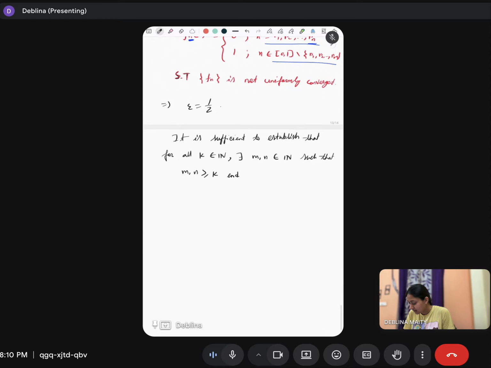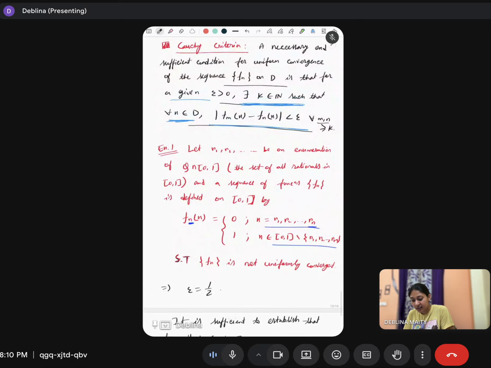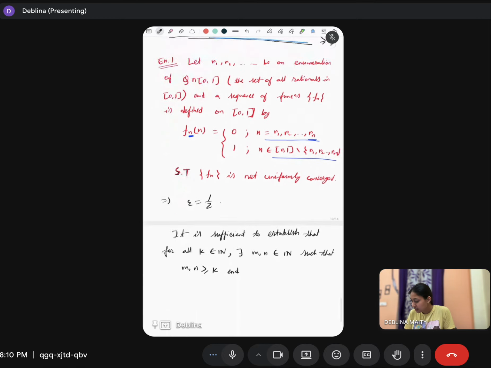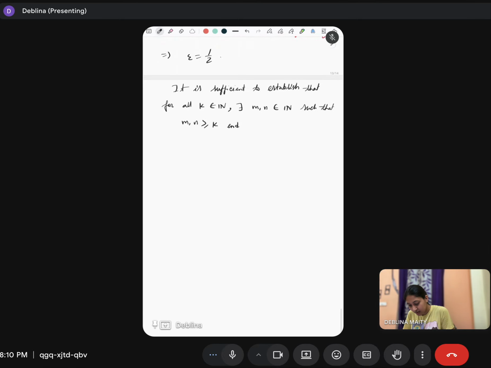So for all x belonging to D, here there exists some x naught. So |fn(x0) - fm(x0)| is not less than half, that is our epsilon, for some x naught in D, that is [0, 1], right? This we have to show.